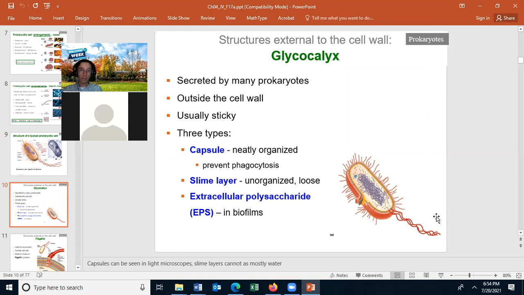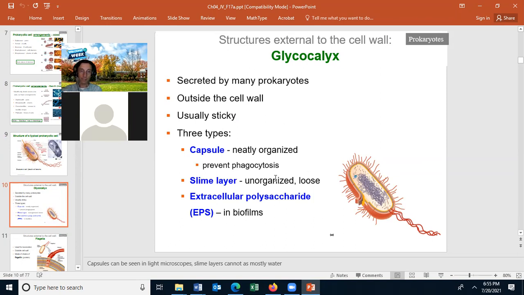The capsule is a neatly organized layer outside the cell wall, and you can see the capsule under the light microscope. The main importance of a cell having a capsule is that the capsule can prevent the bacteria from being phagocytized by a phagocyte. So the capsule can prevent or help prevent phagocytosis.